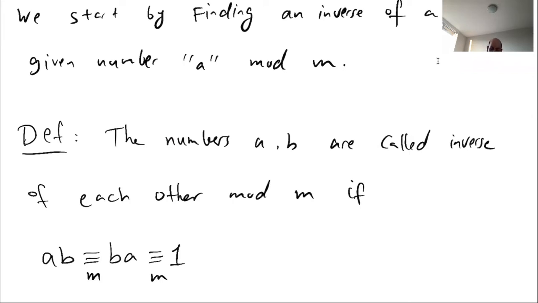So to make the definition simpler, I can just say AB is 1 mod M.